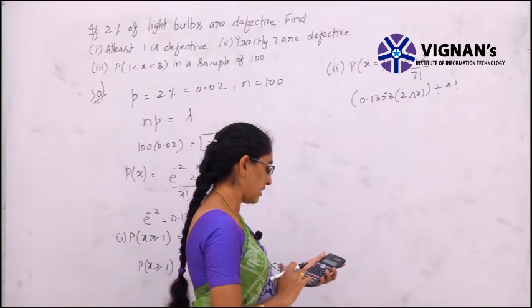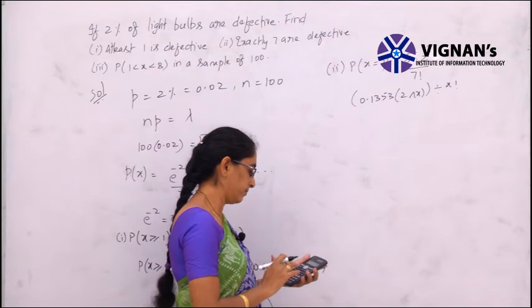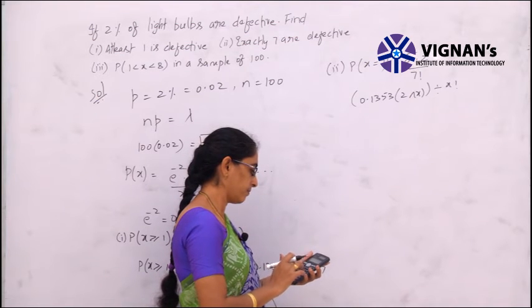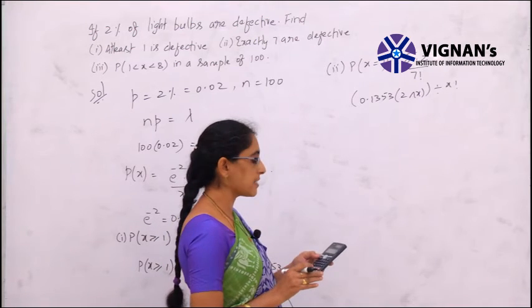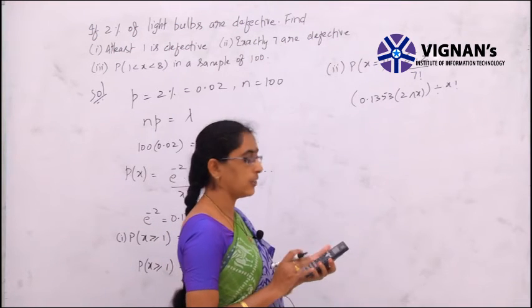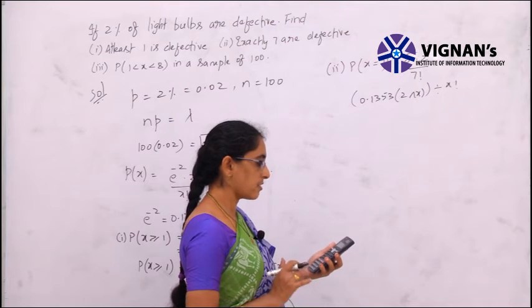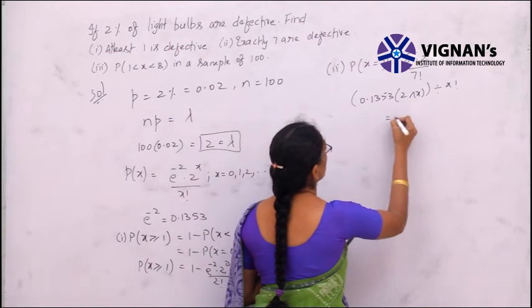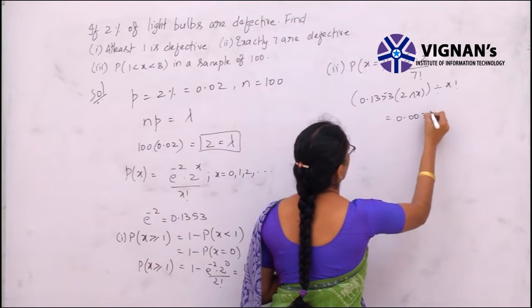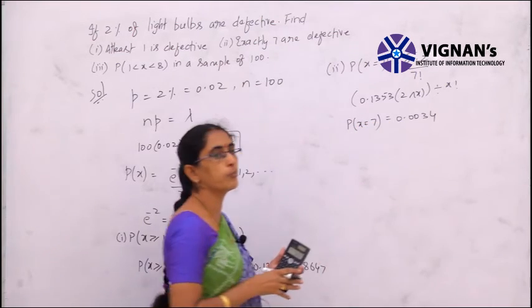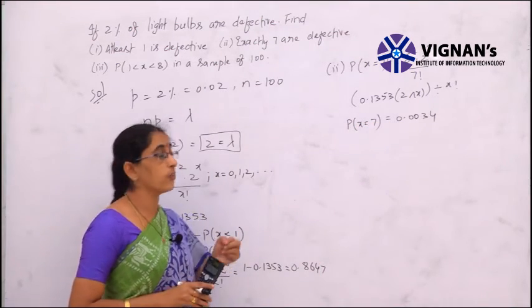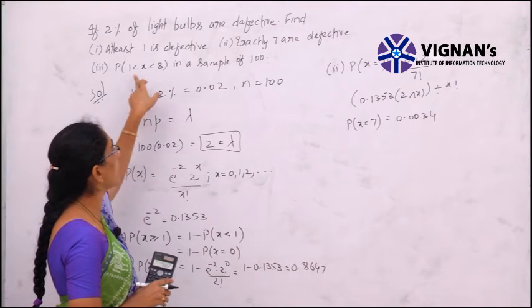So, give the equation in the calci. So, for factorial, Shift x inverse. Now, press the CALC key and give the value 7. So, it is 0.0034. So, probability of exactly 7 defectives is 0.0034.